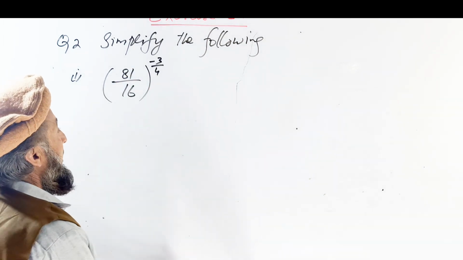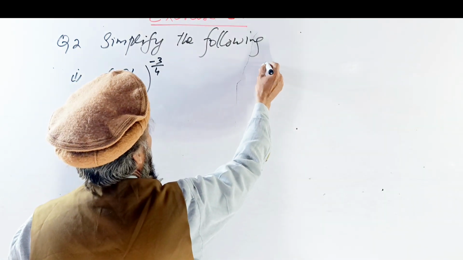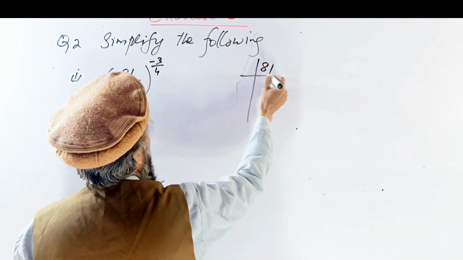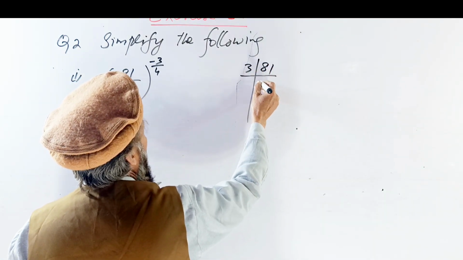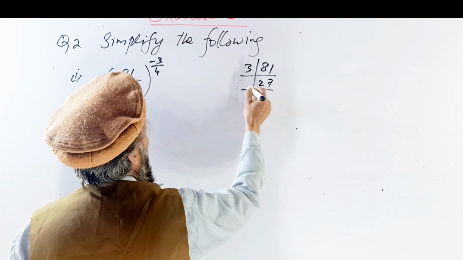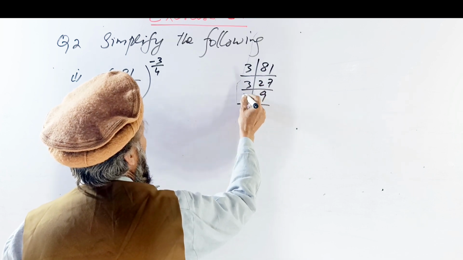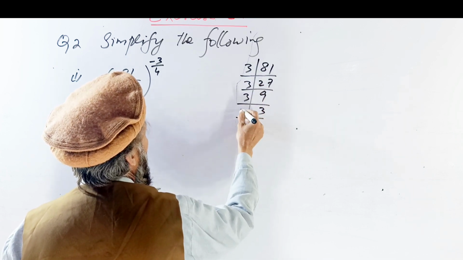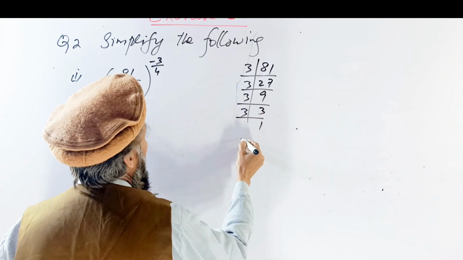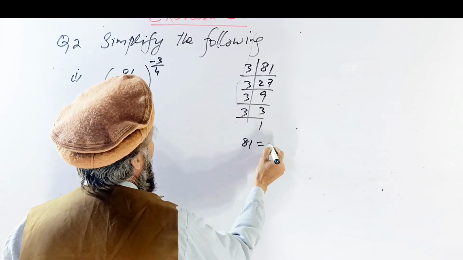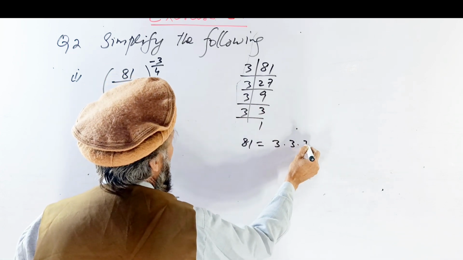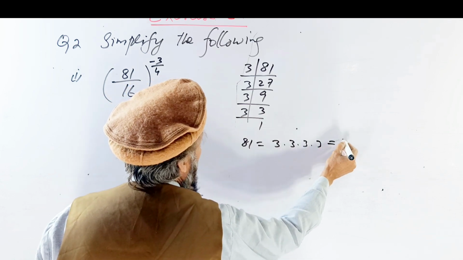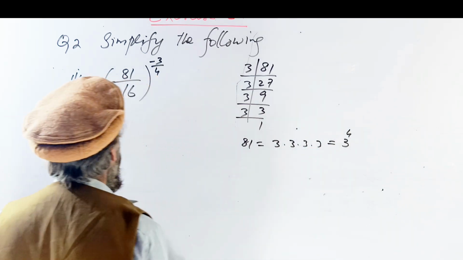If we factorize 81, we get 27, then 9, then 3, and 3. It means that 81 we can write as 3 into 3 into 3 into 3, so we get 3 power 4.